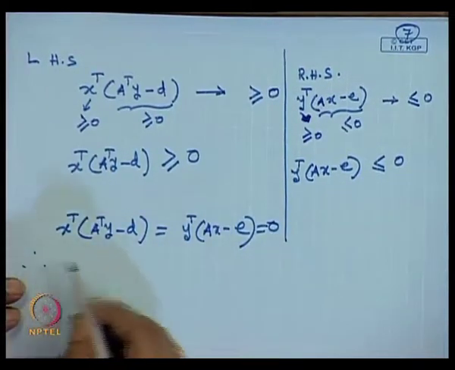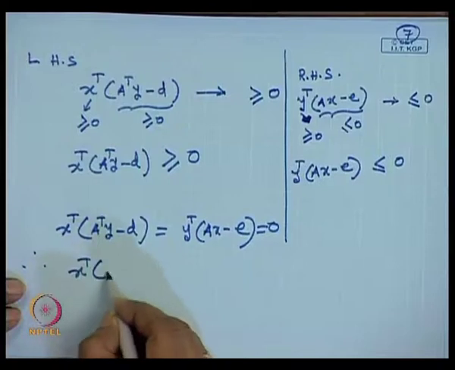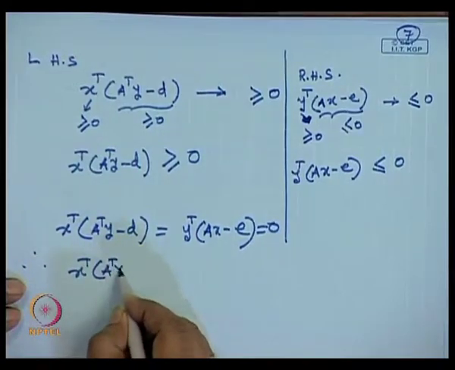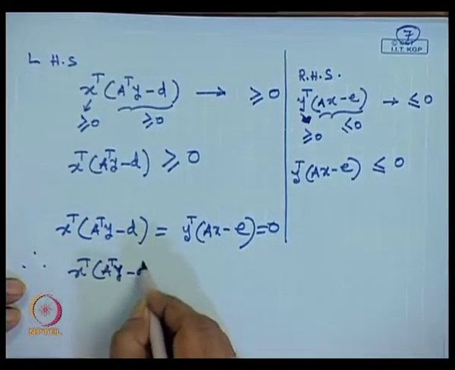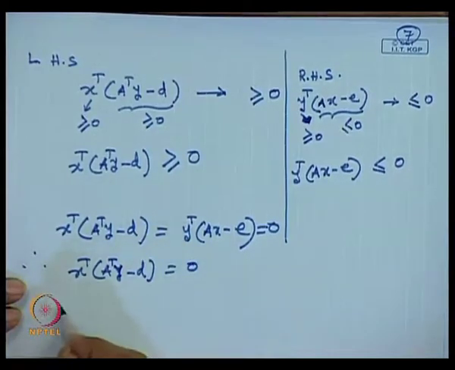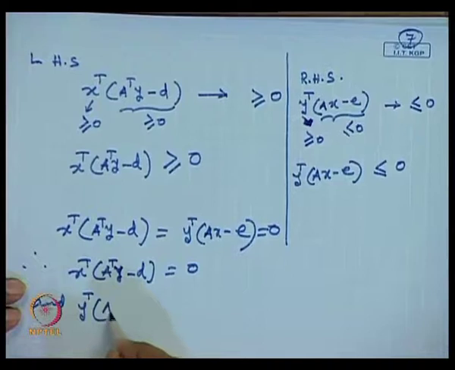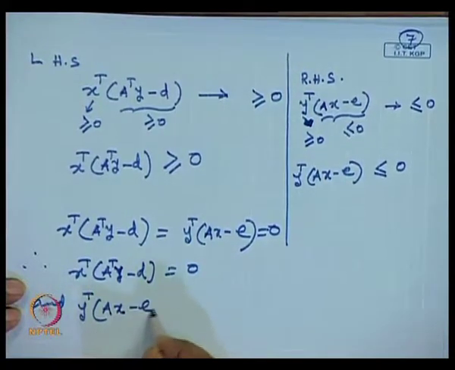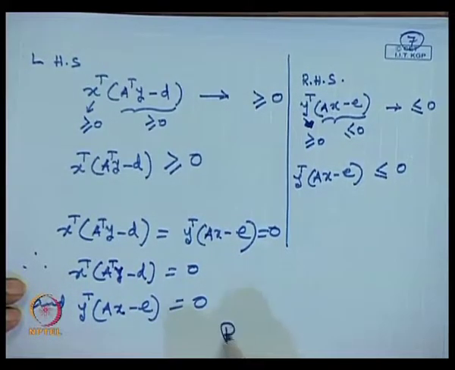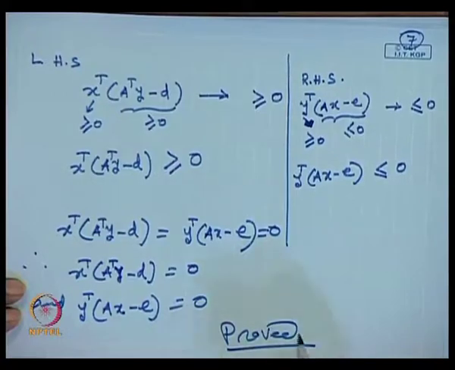In other words, we can write individually these two terms as equal to 0, and y transpose A x minus E is equal to 0. So, this proves the theorem.